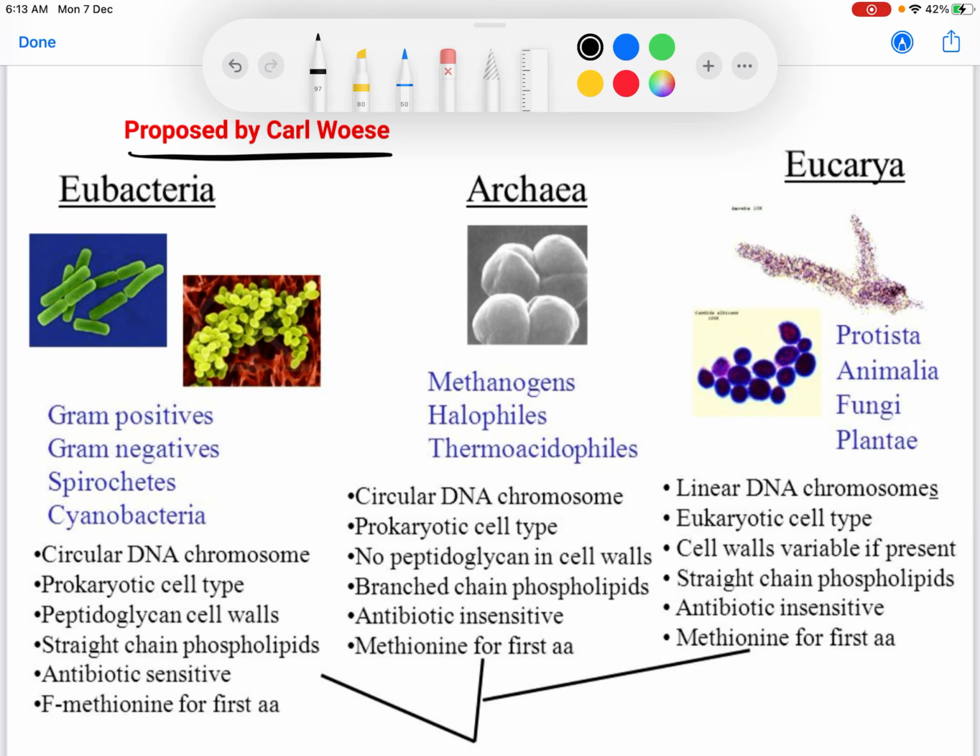Now, as we know that we have 5 kingdoms. Number 1, Monera. Number 2, Protista. Number 3, the fungi. Number 4, the plants, and number 5, the animals.